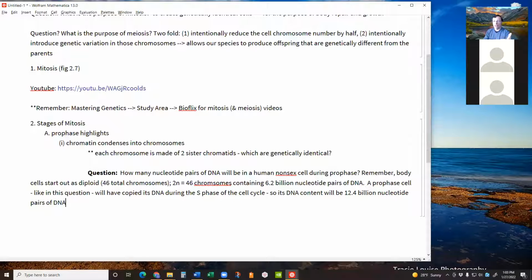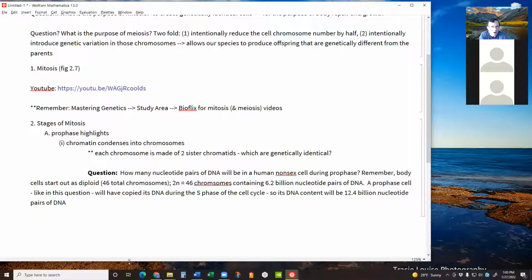So they're normally going to have 2n equals 46 chromosomes, and 3.1 billion times 2, or 6.2 billion nucleotide pairs of DNA. So the diploid cells of your body have 6.2 billion nucleotide pairs worth of DNA.